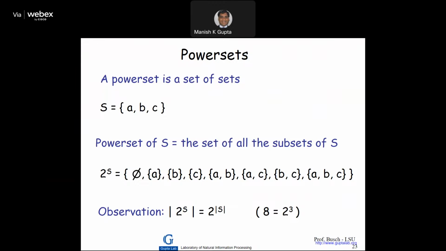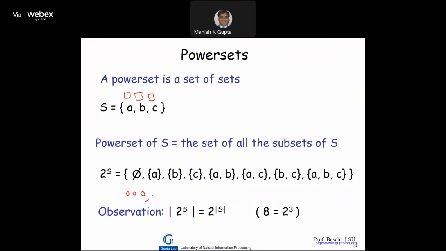Another beautiful thing about power sets is that each element of the power set you can represent by binary numbers. For example, if I say this is position 1, position 2, position 3, then 0, 0, 0 means neither A, nor B, nor C is there.